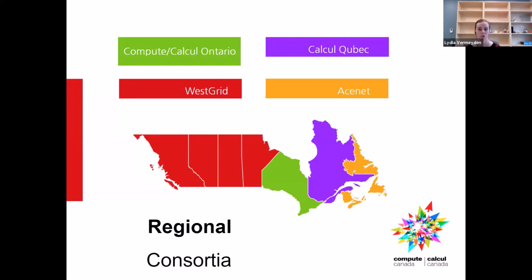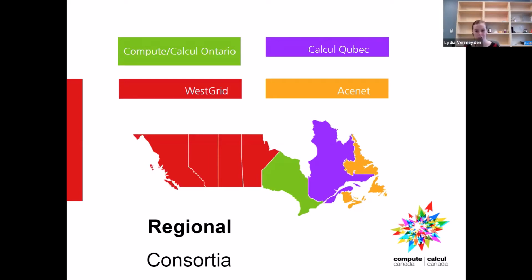So the regional consortia, most but not all of them, host a variety of national systems, but the systems are made available at the national level. So if there is a resource hosted in BC that would be best suited to be used by a researcher in Ontario, that service is available to them.